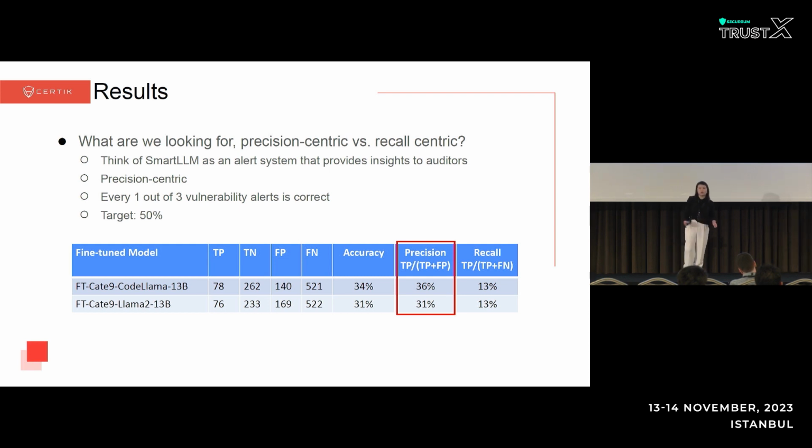If we have 3 alerts generated and one of them is correct, then it's around 33%. If all 3 are correct, it's 100%, that's the perfect case. But if we have 2 that are correct, it's 16.6%, which is also better than a random guess. So this is why we thought precision-centric would be better than recall-centric.